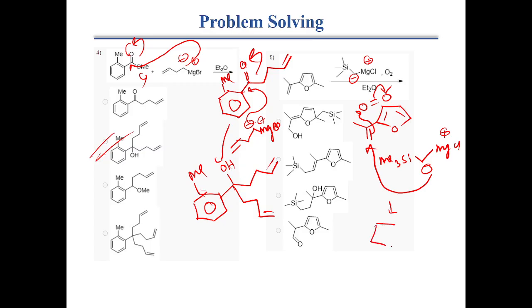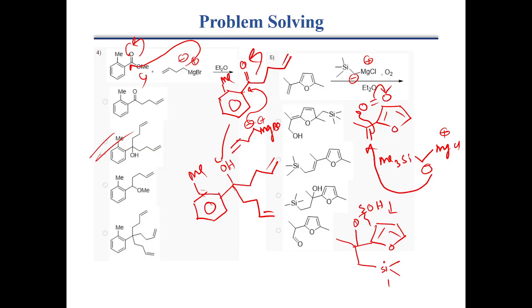This will give silyl group and this will form this O minus. So which in presence of water work up forms this alcohol.